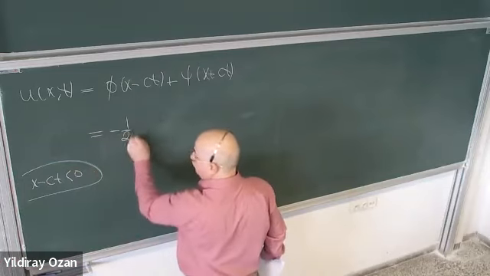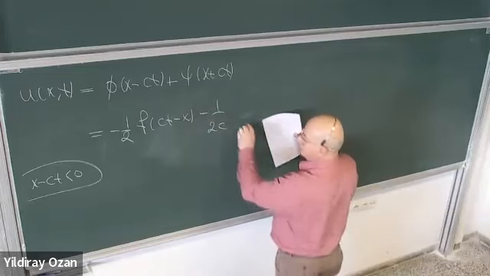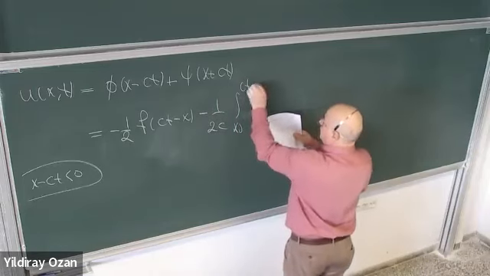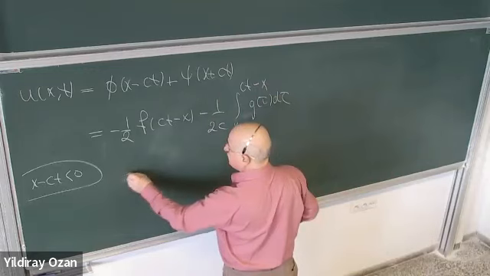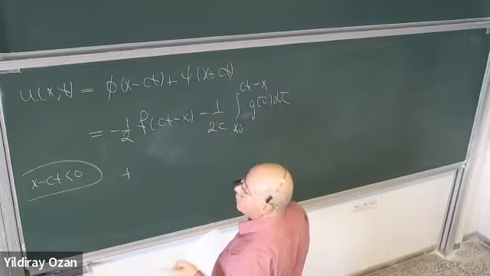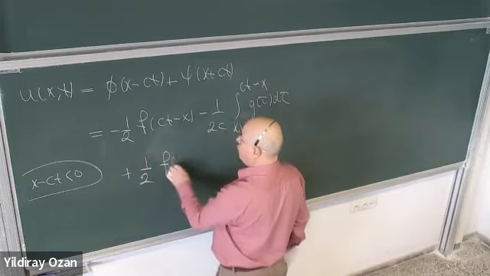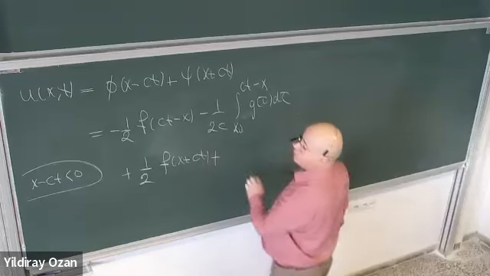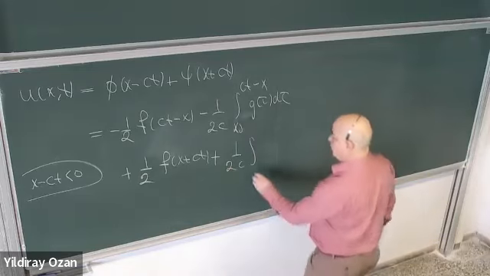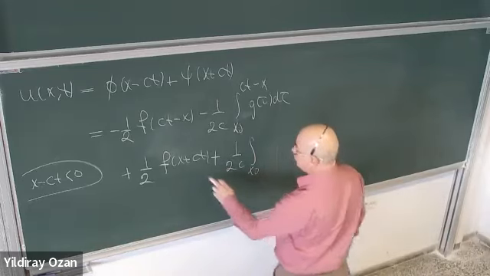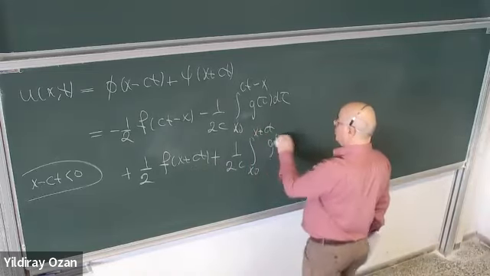So it is minus 1/2 f of ct minus x minus 1/2c integral from x0 to ct minus x of g tau d tau, plus psi of x plus ct, and it is just 1/2 f of x plus ct plus 1/2c integral from x0 to x plus ct of g tau d tau.